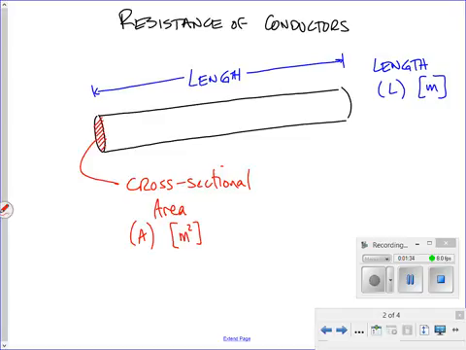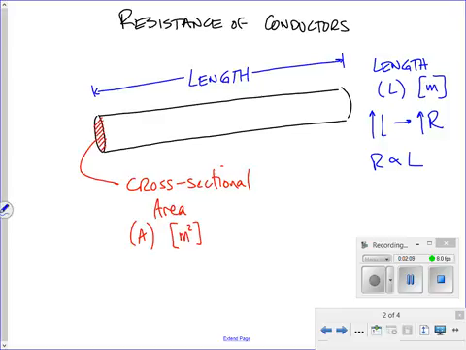Those are the two big spatial variables that affect this wire's resistance. How long it is, and how thick it is. Longer wires have more resistance, which suggests that resistance is proportional to a conductor's length.